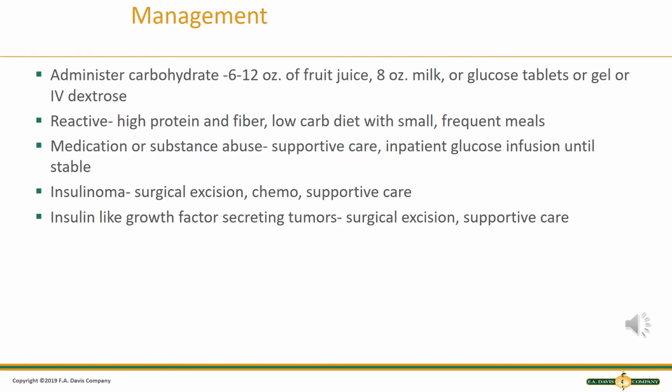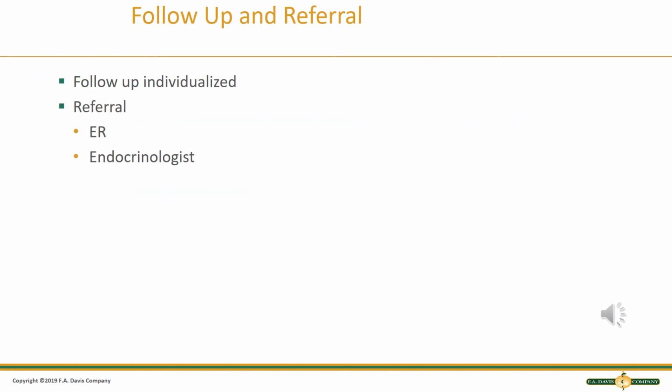Now, supportive care may include continuous or intermittent glucose infusion or glucagon administration and frequent monitoring of glucose levels. Frequent follow-up and evaluation is going to be needed based on the individual's symptoms and the treatment plan.